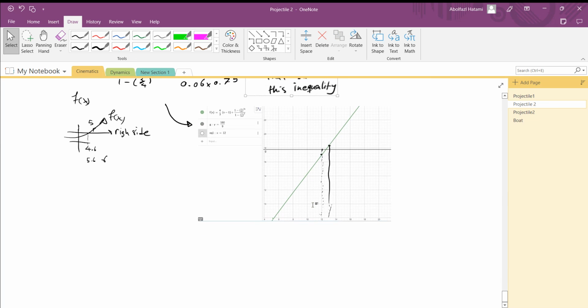So I think the right answer of part B is 13. It means that with these assumptions, our ball is not going to hit step number 13.